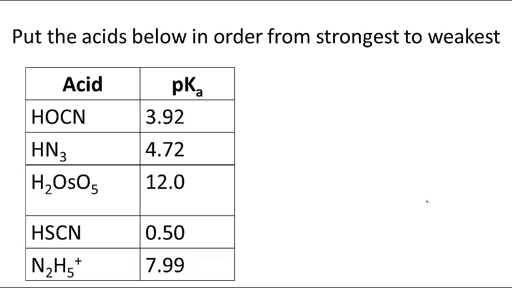The lowest. So strongest would be here. And the weakest acid listed would be H2OSO5. And you could put them in order in between.